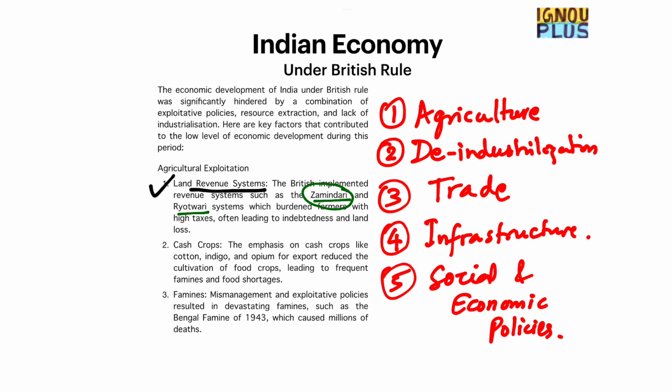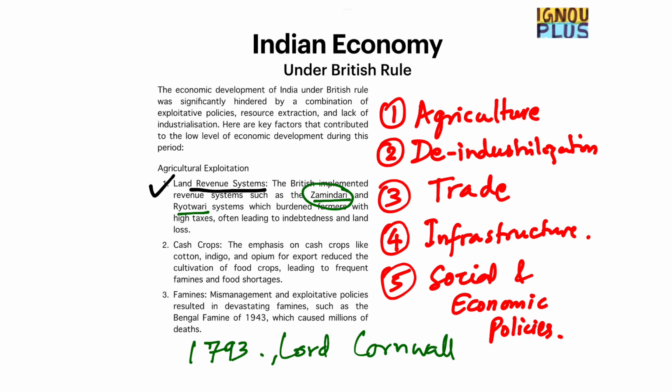But in between, they took a lion's share of the margin. That was not really good for the grassroots farmers. All this zamindari system was introduced by Lord Cornwallis in 1793.